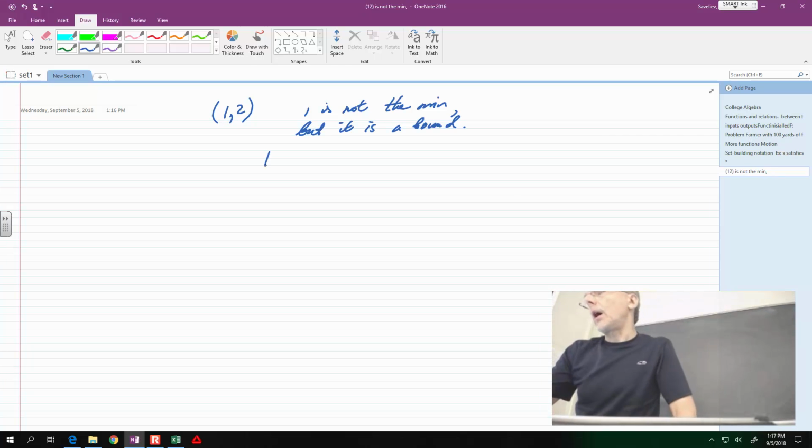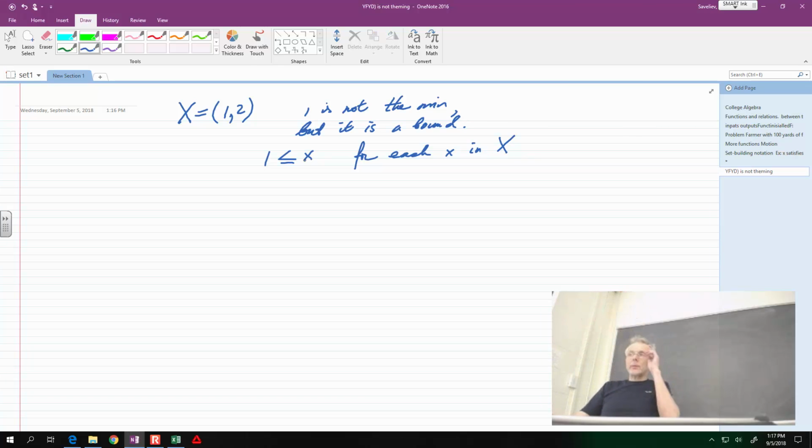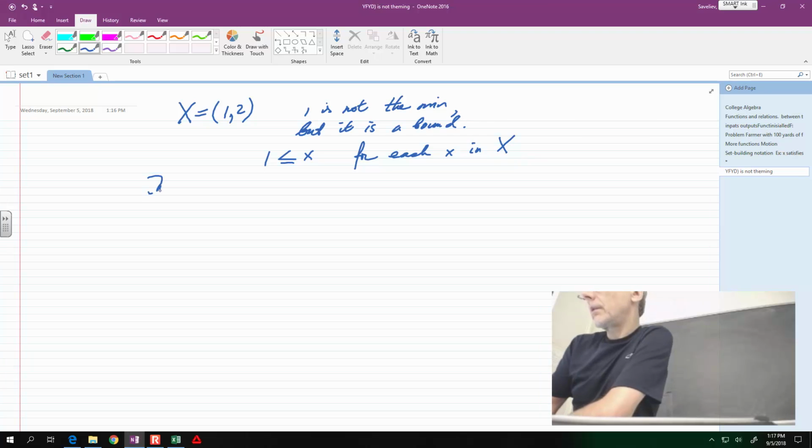So 1 is less than or equal to x for each x in X. That's the good news, that the inequality can be satisfied. The only problem with choosing 1 as the minimum is that it does not belong to the set. But otherwise, it is a very good bound for the elements of the set. But there are other bounds.